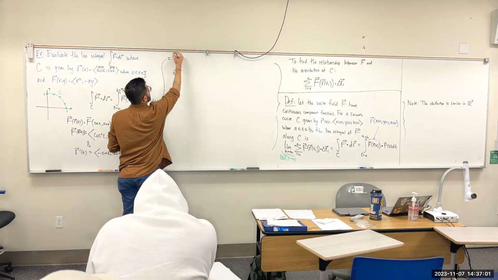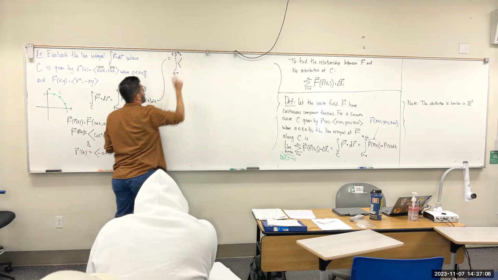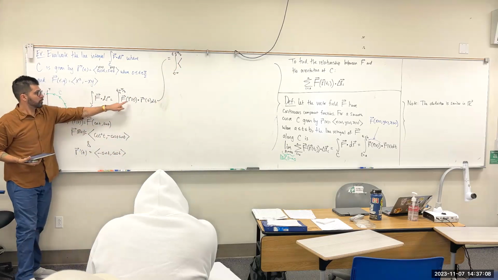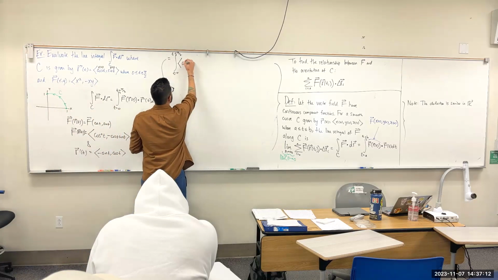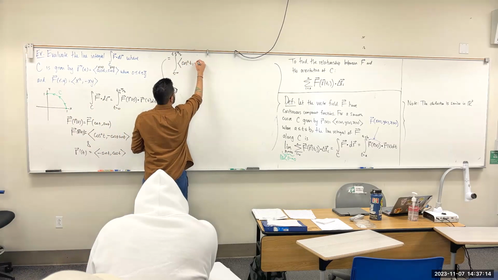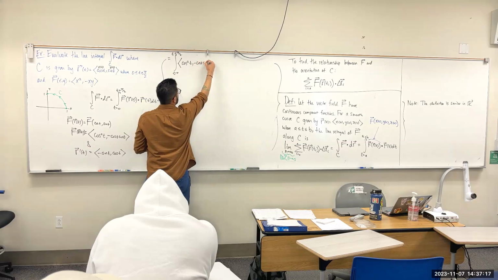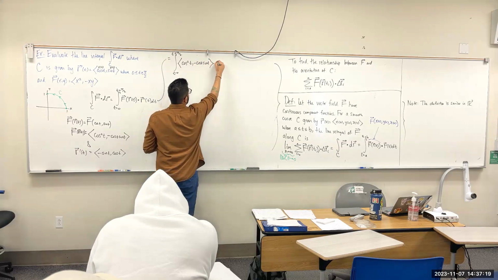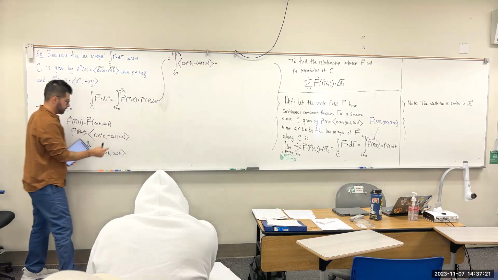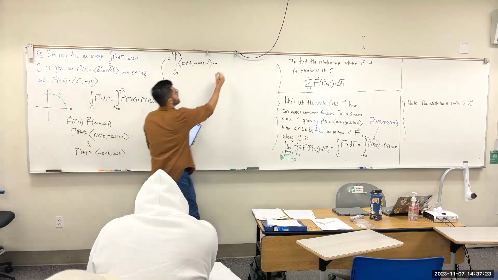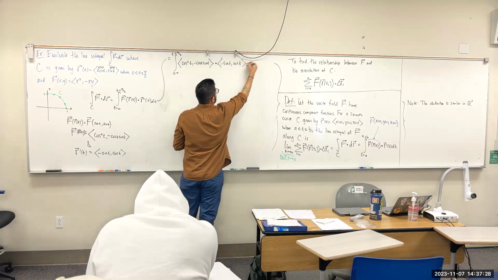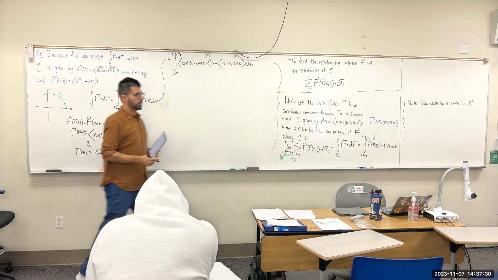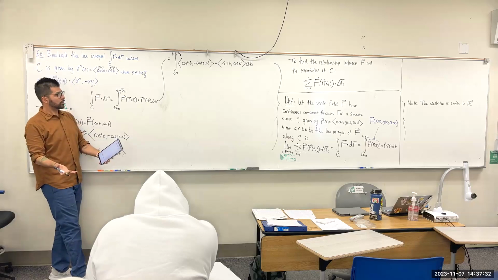We got t goes from 0 to pi over 2. And I'm dot-producting f composed with r, which is really this vector, cosine squared t, minus cosine t sine t, dotted with r prime, which is minus sine t, cosine t, dt.